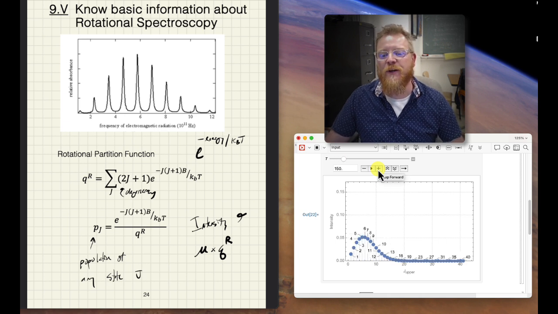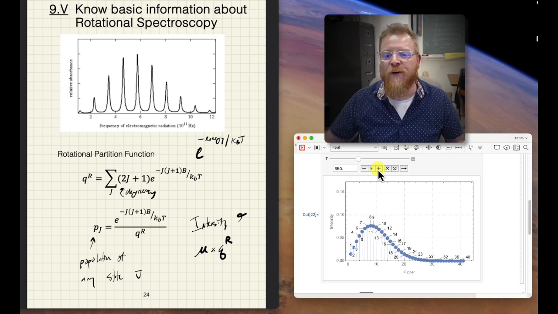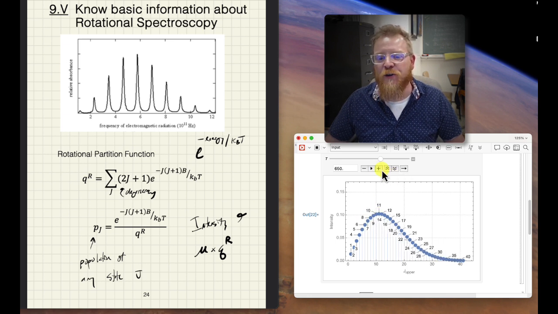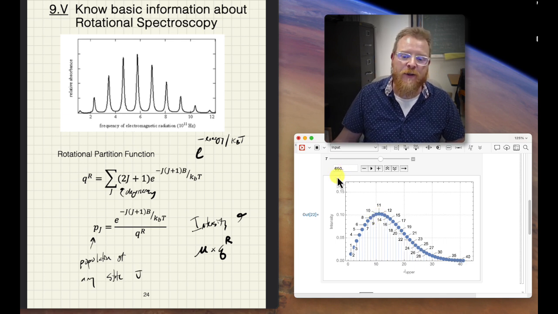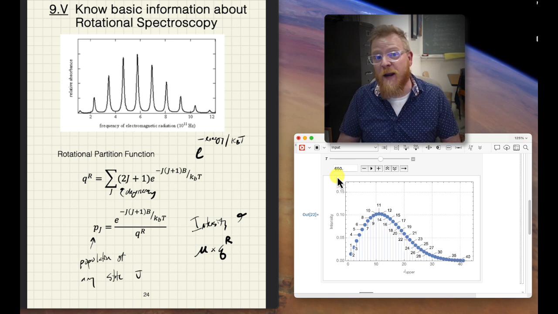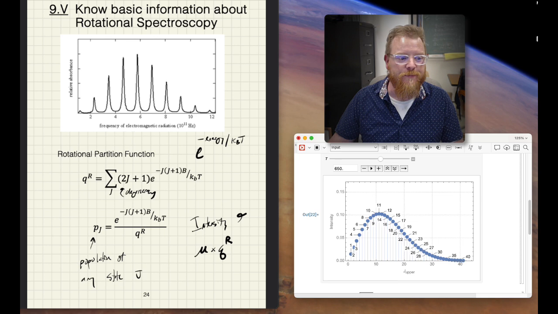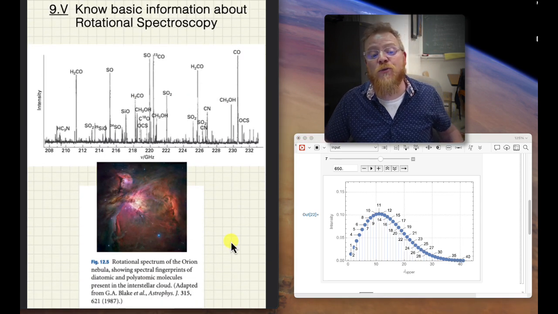If I keep increasing the temperature, my rotational spectra will show me more and more lines, and I will get a wider and wider Boltzmann distribution. And of course, my max J value pushes out to higher and higher values as my temperature gets higher, which is pretty cool. So a microwave spectrum or a rotational spectrum can be used as a molecular thermometer in some cases.